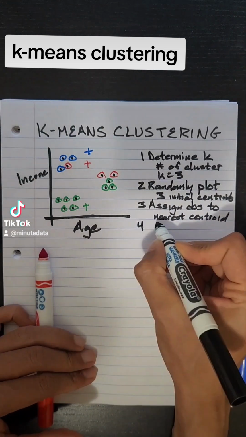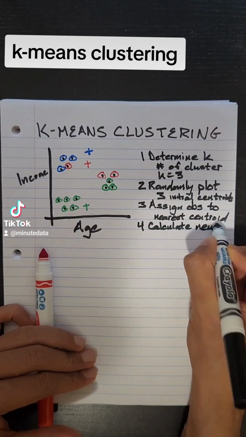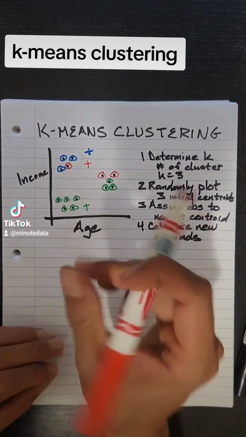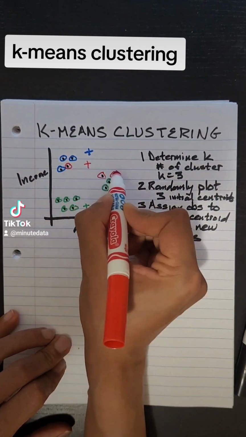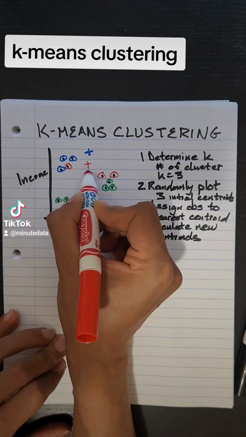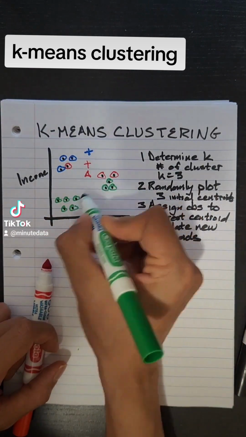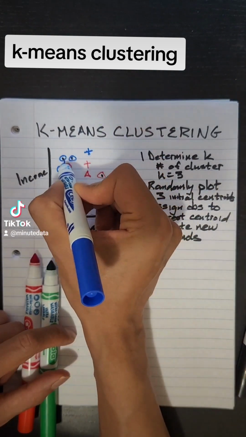So step 4 is to calculate the new centroids. If we look at our red observations, the new center for the red is probably somewhere around here. Let's give it a triangle. If you look at the center for our green, the new center for the green is probably around here. And then for the blue, the center is probably around here.